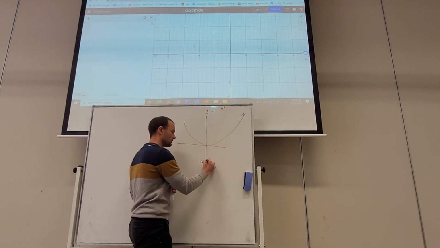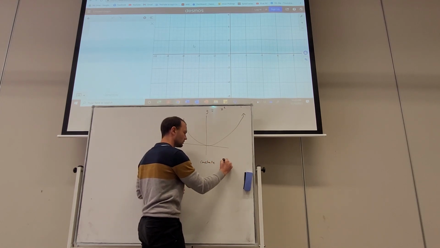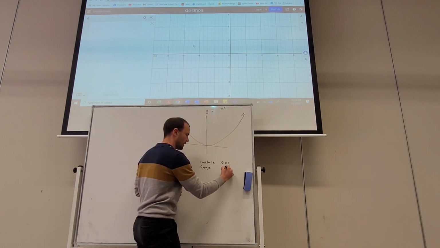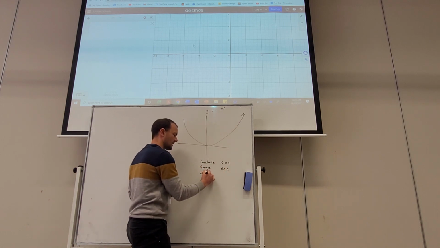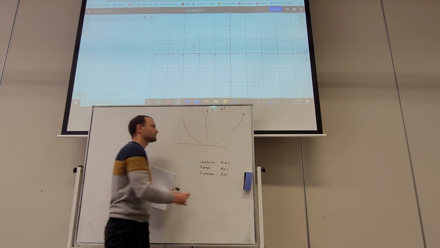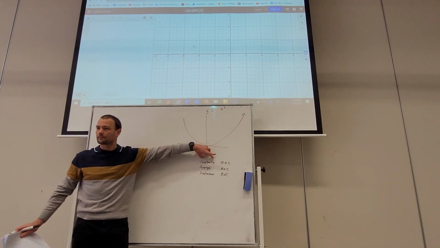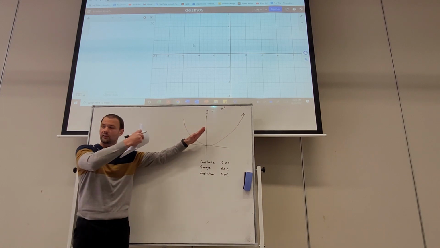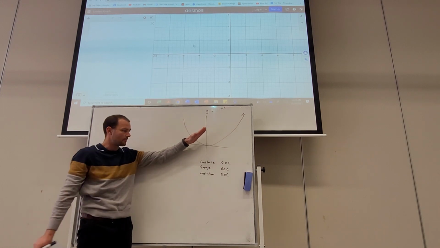We had constant rate of change. We had average rate of change. And we had instantaneous rate of change. Okay, constant rate of change, we know that occurs if we have a straight line. All right, a straight line means it's always increasing by the same amount.